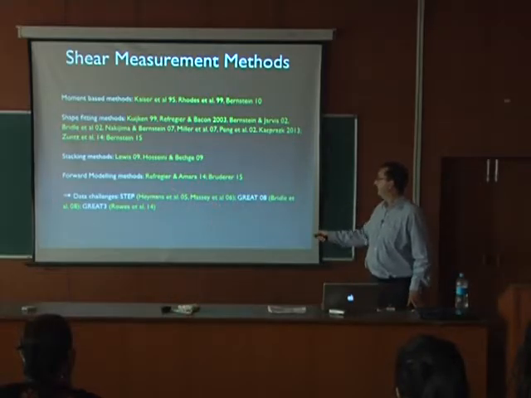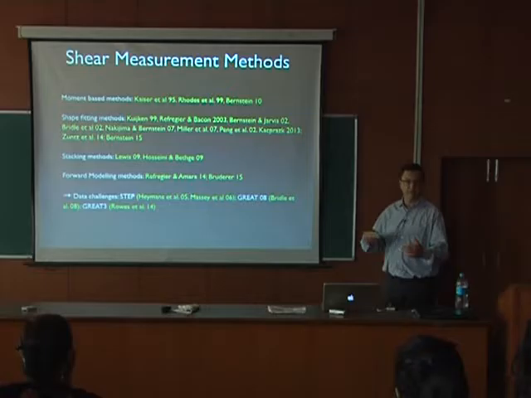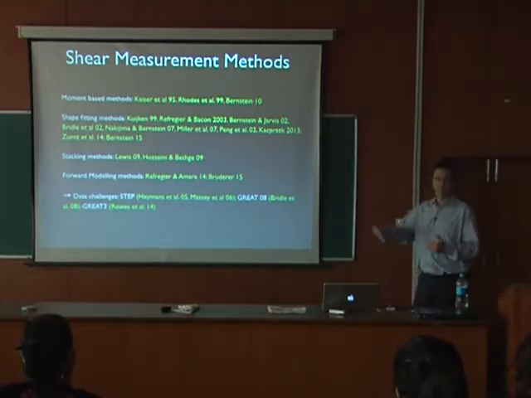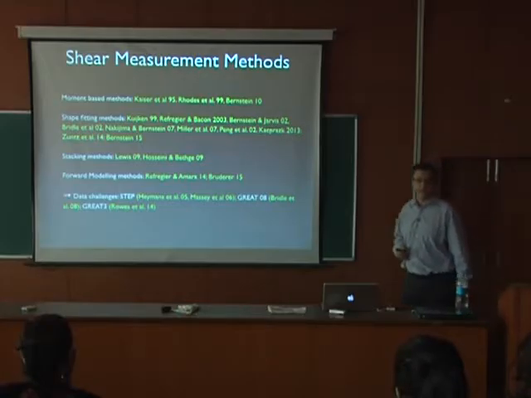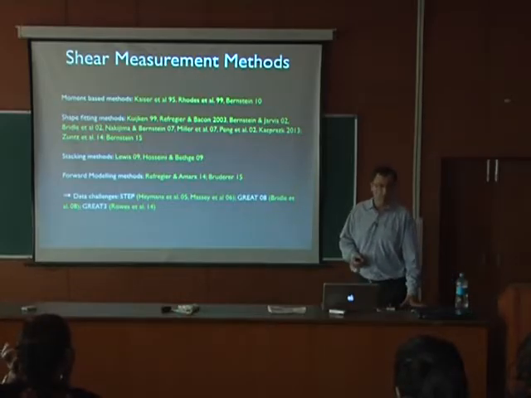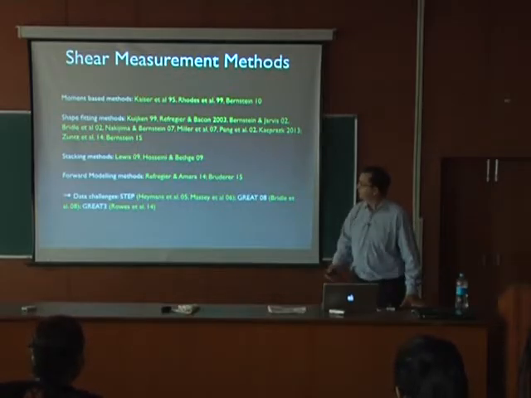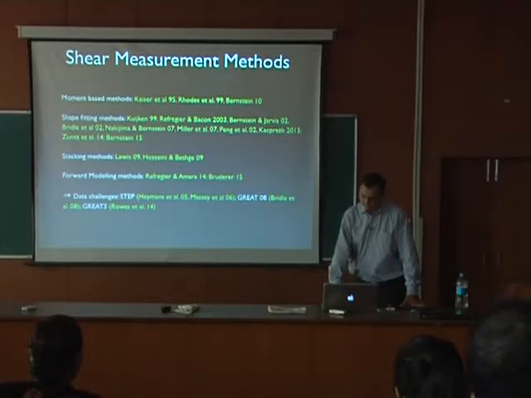This kind of blind challenge is done in many other areas of cosmology. For instance, for the cosmic microwave background, they also organize challenges to measure different steps of the analysis. And many other probes do the same thing. It's a powerful way to proceed. Okay, so how does one do it in this KSB approach?